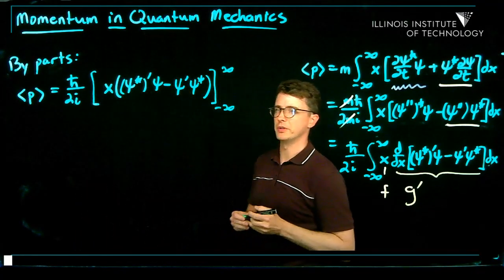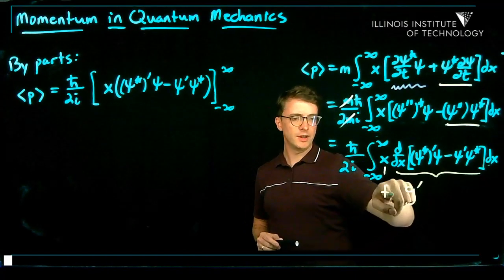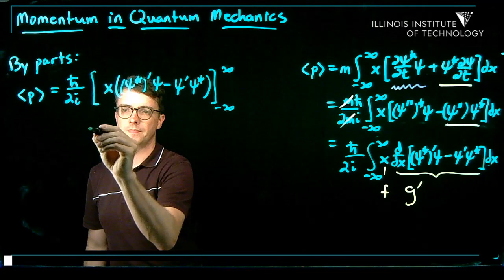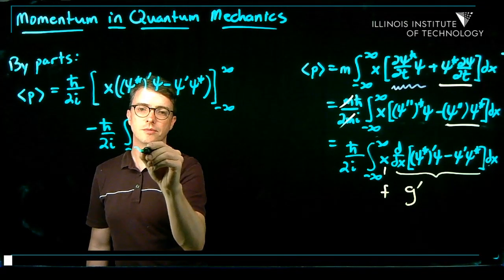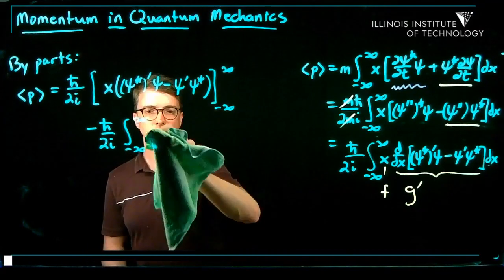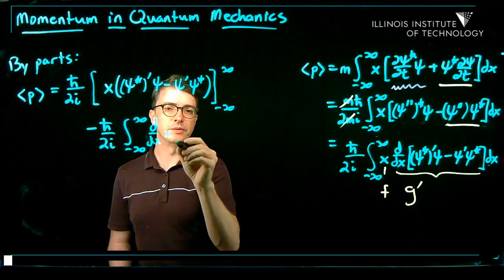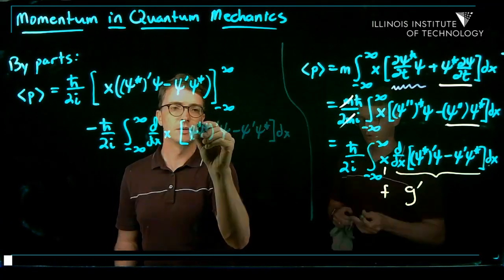So that's the boundary term. And then I have the term where the derivative is on the other function, but with a minus sign. So I get minus the integral from minus infinity to infinity of d by dx of x. So the derivative acts on x, and then this is the g term.